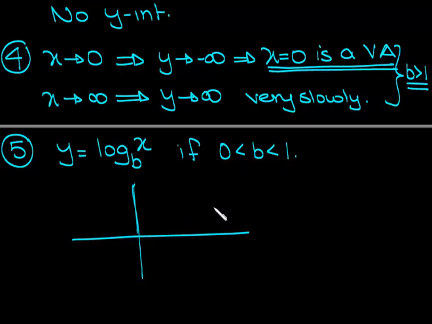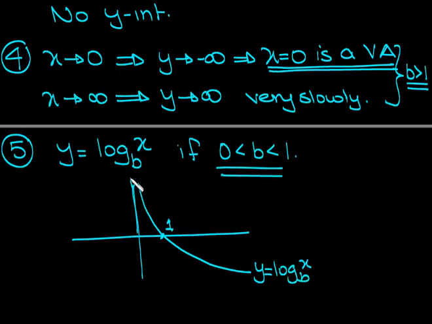But now the log graph goes the other way. So this is still 1. So this is the graph of y equals log of x base b if b is between 0 and 1. It's just going to be the regular log graph that's flipped about the x-axis.